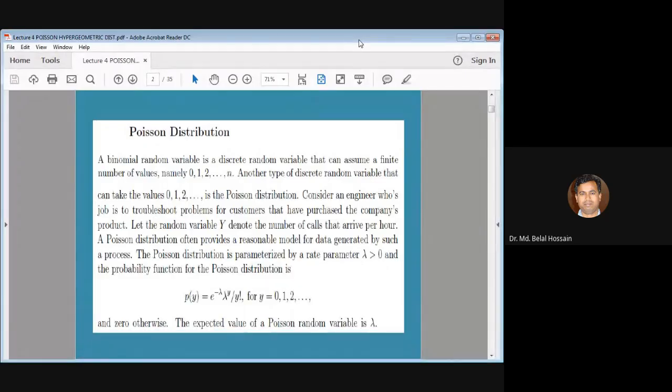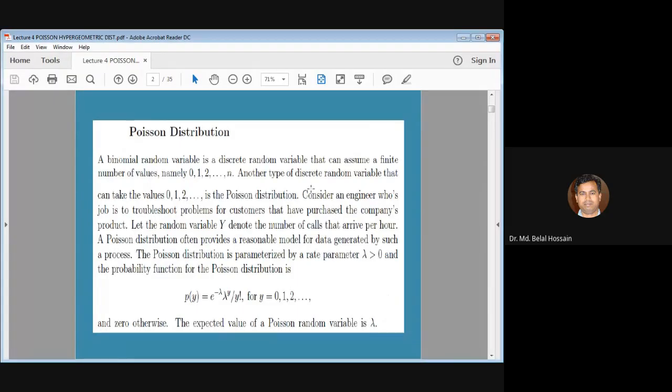Okay, so a Poisson random variable can take values 0, 1 to infinity. This is the difference between the binomial distribution and the Poisson distribution: it starts with value 0. In 1 hour, the recipient may not get any phone call at all, maybe 1 call, maybe 2 calls, and so on, an infinite number of calls.